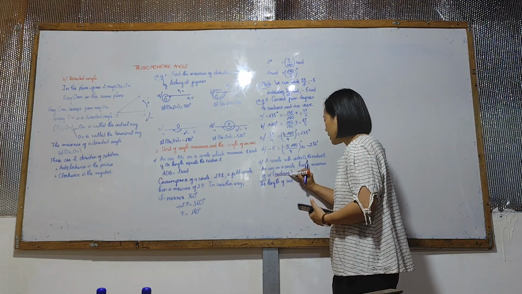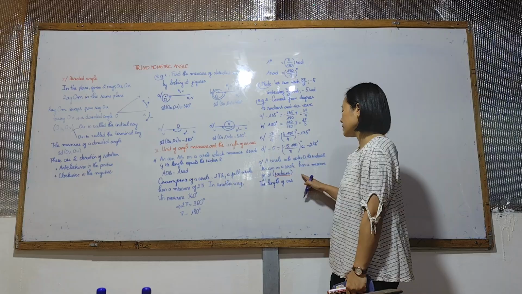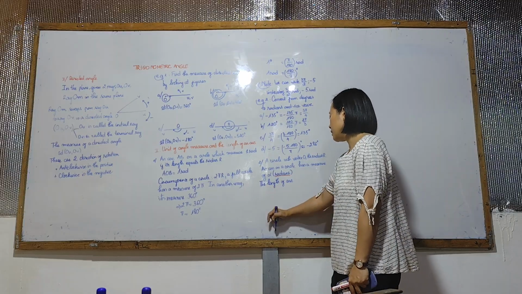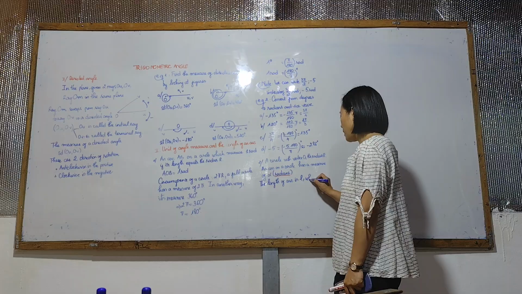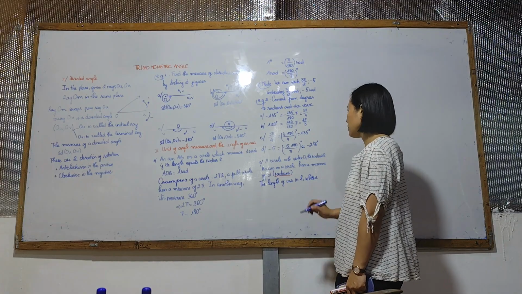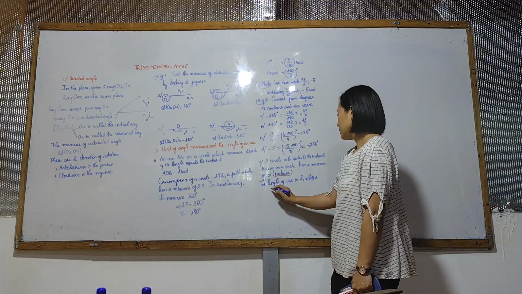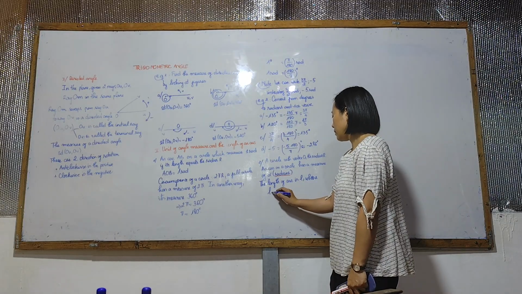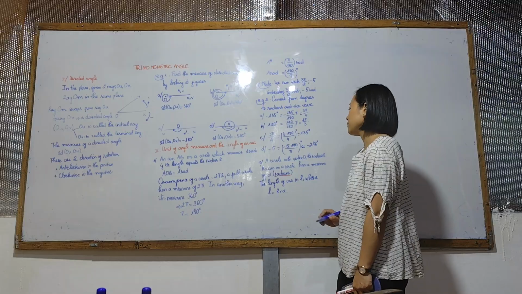We must note it. The length of the arc is L, where L equals R times alpha.